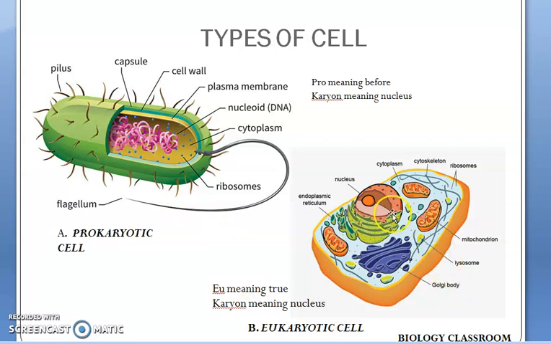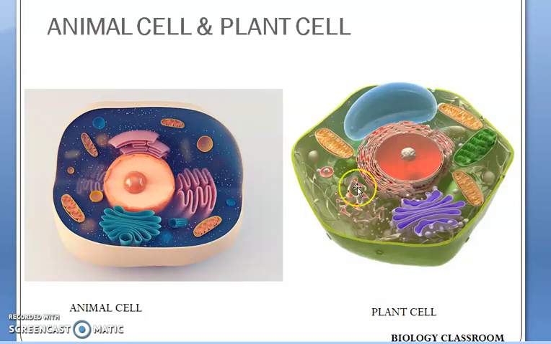Let us also study the types of eukaryotic cells, which are examples like the plant cell and the animal cell. These are the structures of animal cell and the plant cell. Both these cells are strictly eukaryotic because they share all the essential features of eukaryotic cells, right?